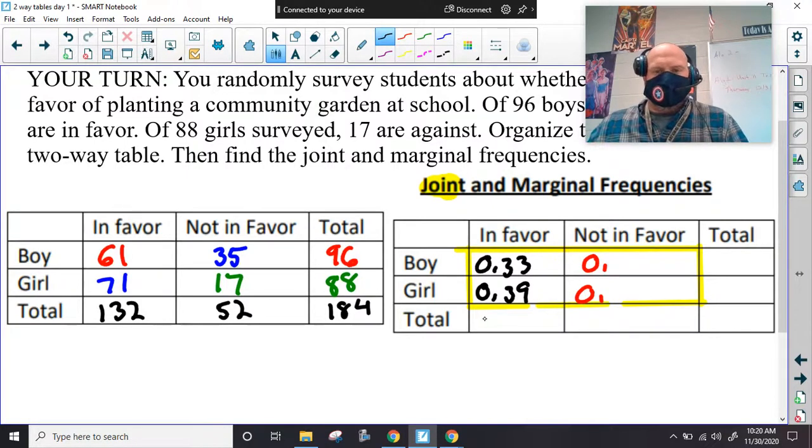Yep. 0.72. 35 divided by 184, this is 0.28.